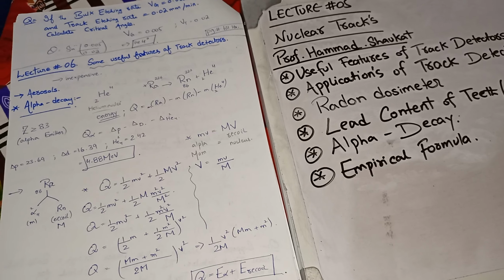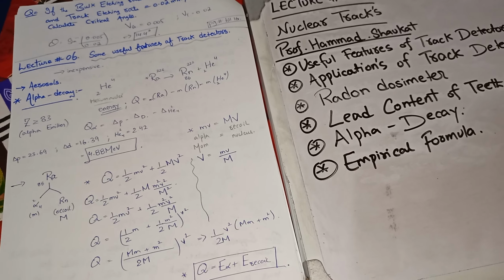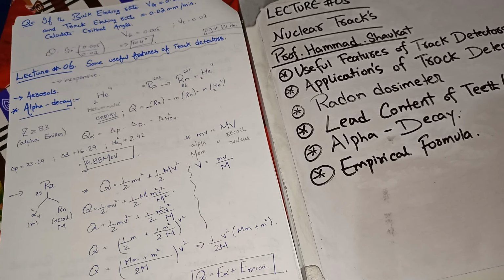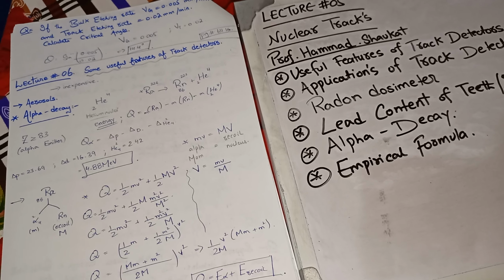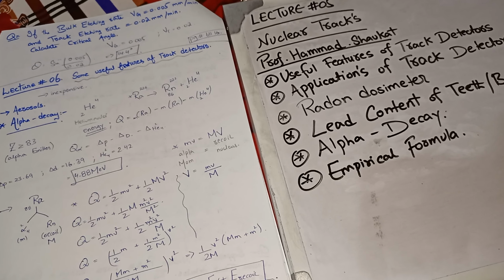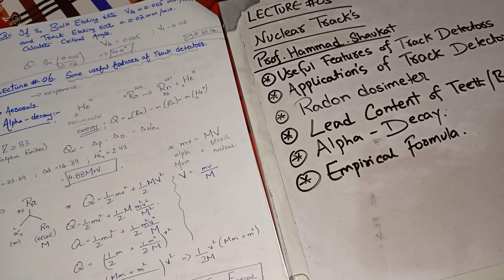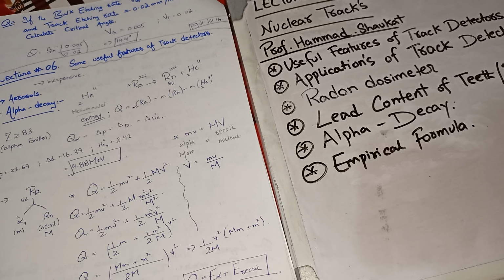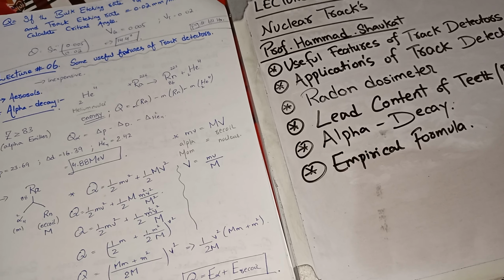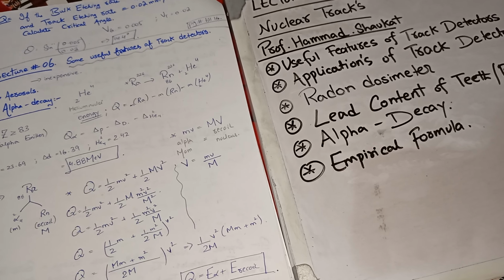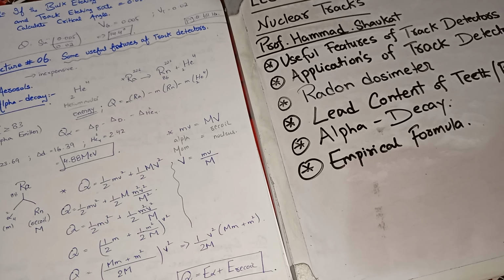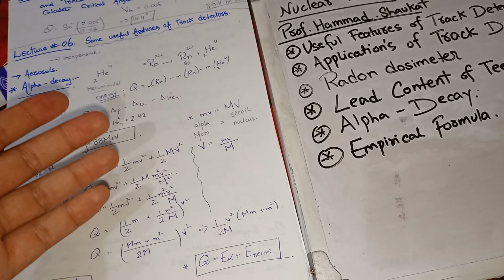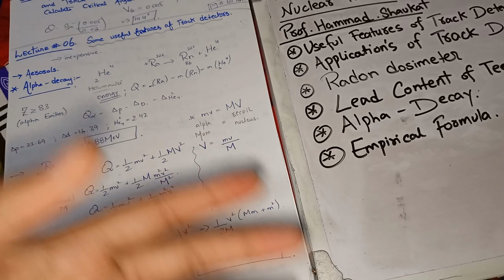Another useful feature is that they can be obtained in any size, from very small to very large. Small detectors can be used to measure particle fluxes. You can also note that.